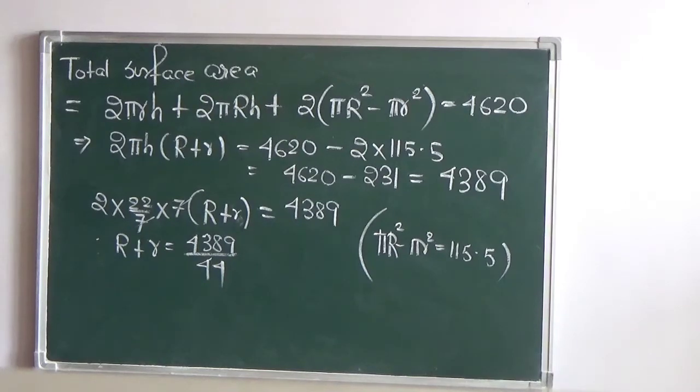We have 2 into 22/7, we have put the value of pi, h is 7, and R plus r is 4389. Let us divide this. 4389 divided by 44 is 99.75.